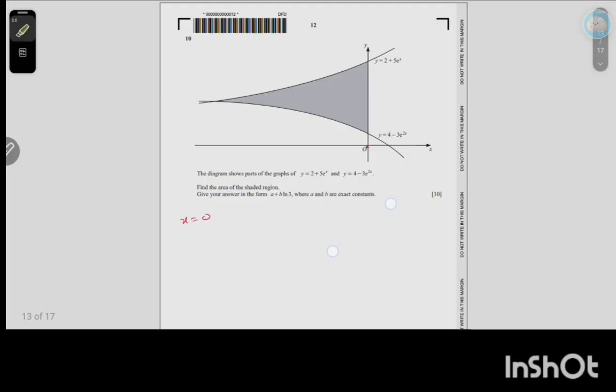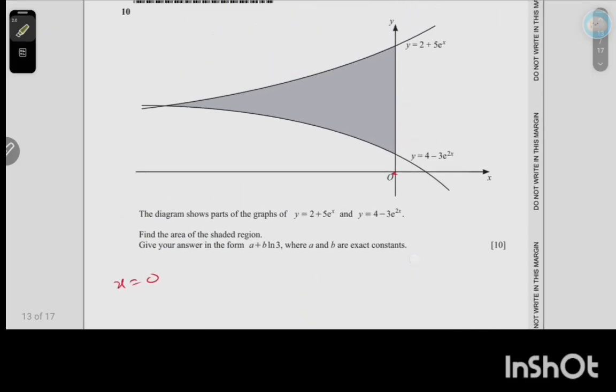First of all, read this question. The diagram shows part of the graph of y equals 2 plus 5 e power x and y equals 4 minus 3 e power 2x. Find the area of the shaded region. Give your answer in the form a plus b log of 3, where a and b are exact constants.